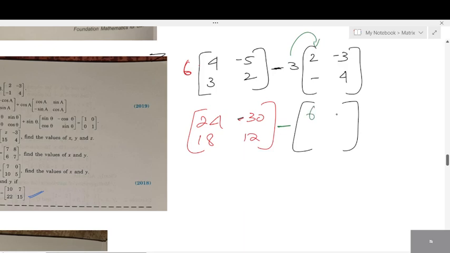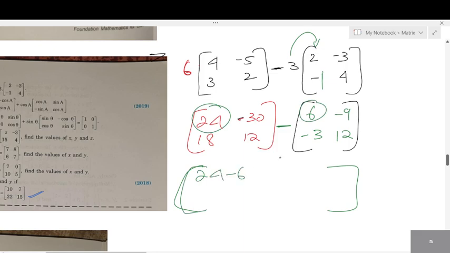Minus 9. 3 into minus is 12, right? And what's the sign in between them, students? In between that is minus. So, usually for addition and subtraction, what do we do? You take the first element, 24 minus 6, right?